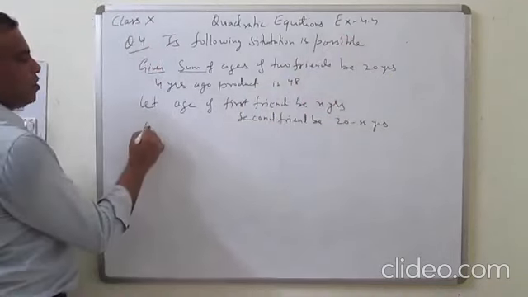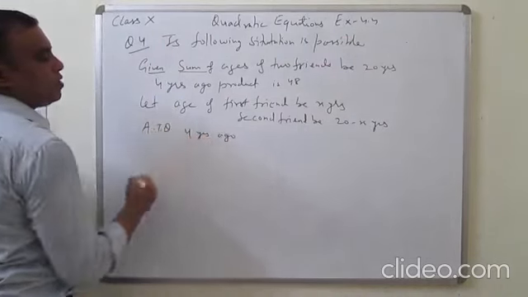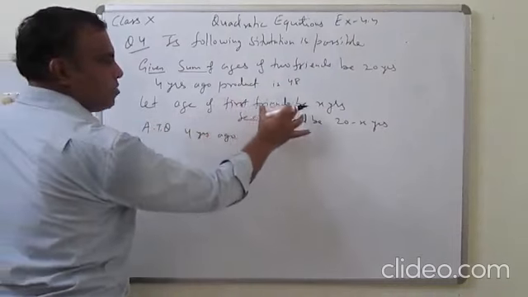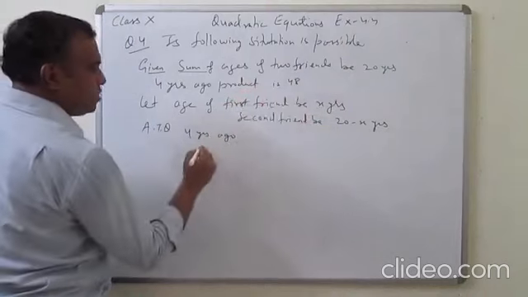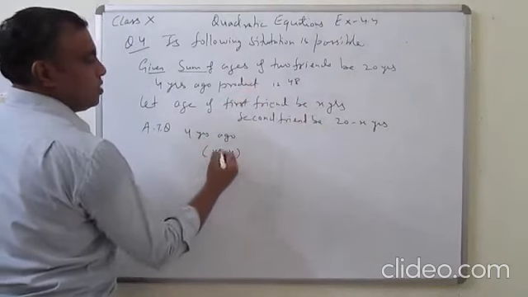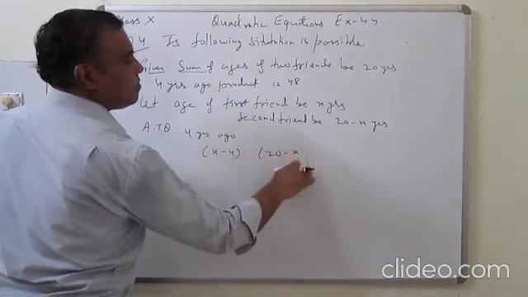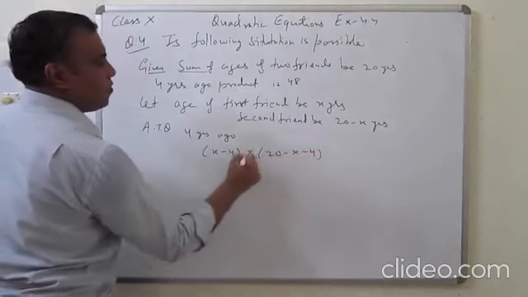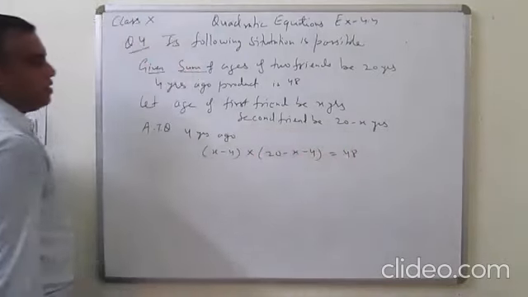Now, according to the question, 4 years ago, the first friend's age will be x minus 4, the second friend's age will be 20 minus x minus 4. The product of both is given as 48.